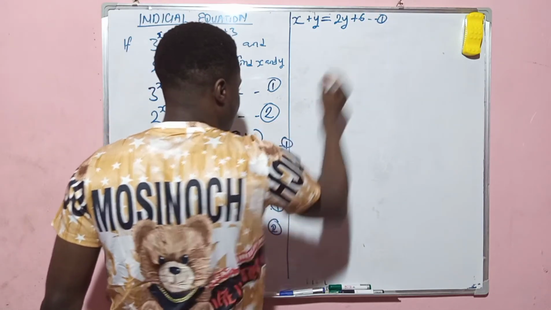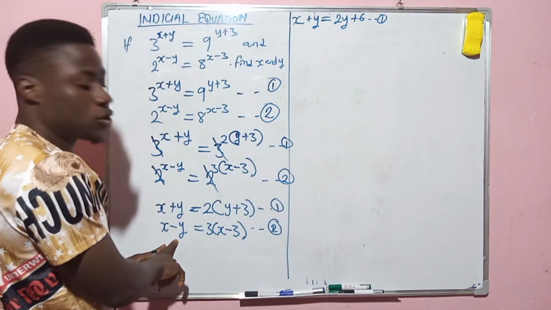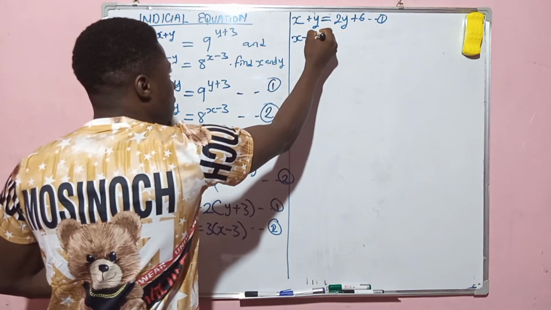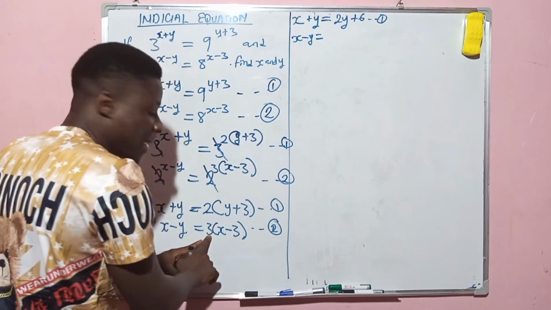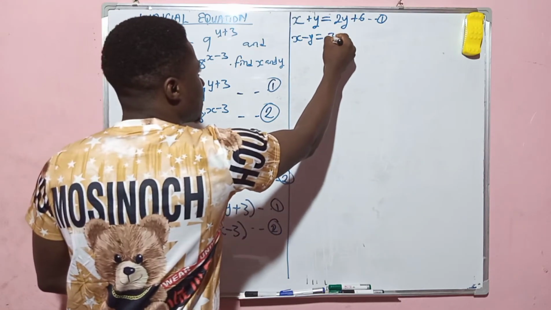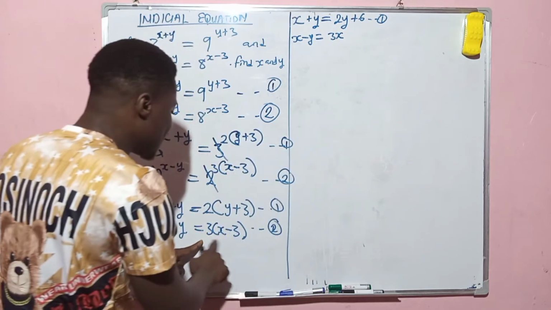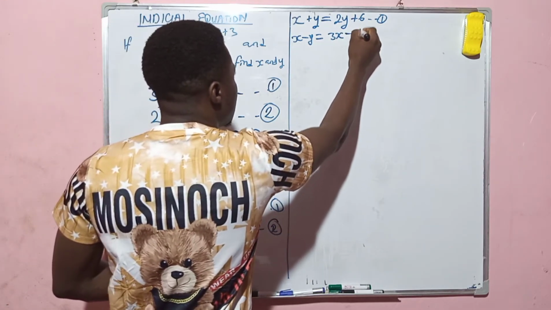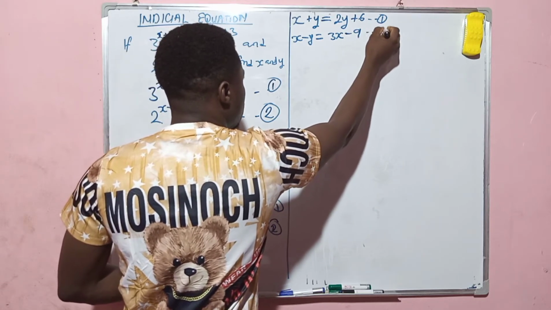My equation 1 still. Then for equation 2, I have x minus y equals, I will expand the bracket simply. 3 times x, I'm having 3x. Then 3 times minus 3, I'm having minus 9. This is still my equation 2.